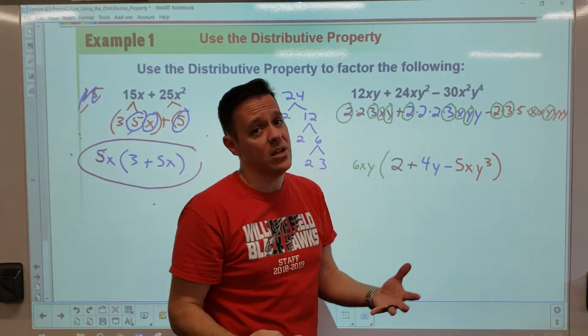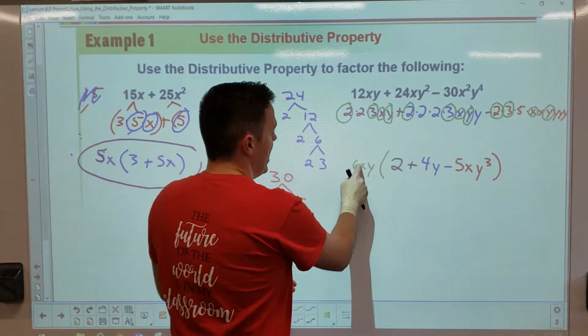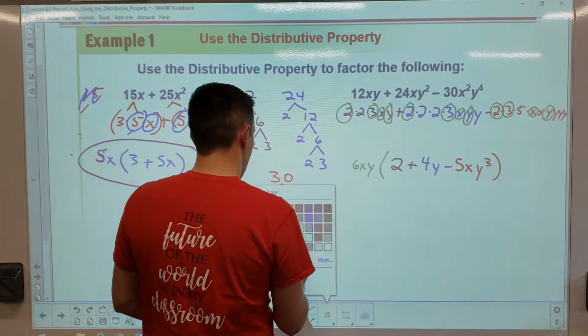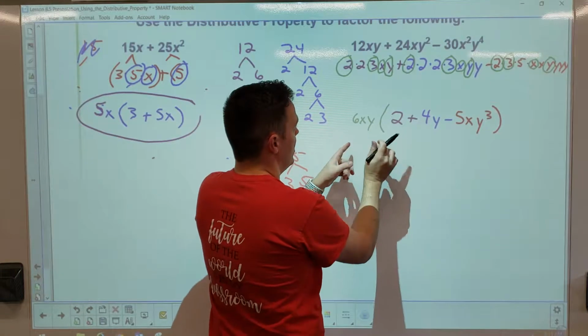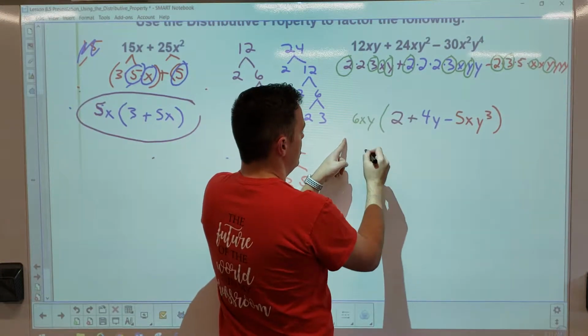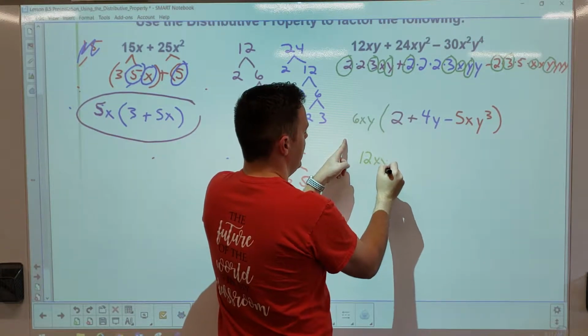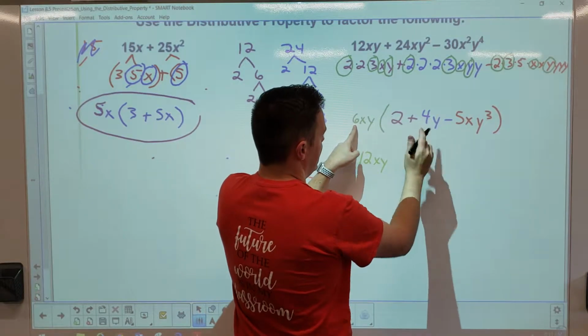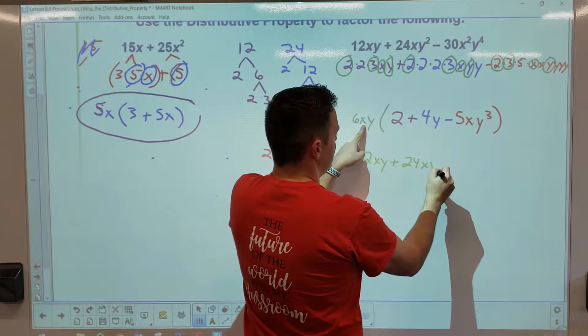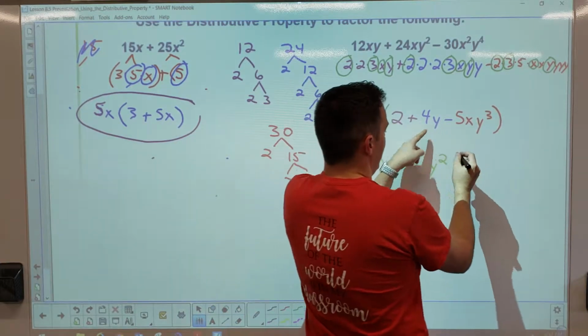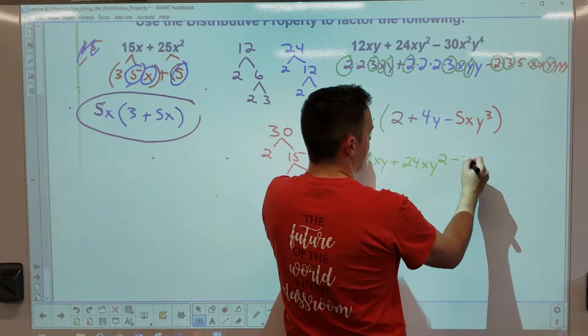Now you can double check your answer by multiplying everything back in. So if I were to multiply everything back in to double check my work on this particular equation, it'd be 6 times 2, which would be 12xy. And then if I multiply this, it would be plus 24, 1x, and 2 y's. And then if I did minus, that would be 30.